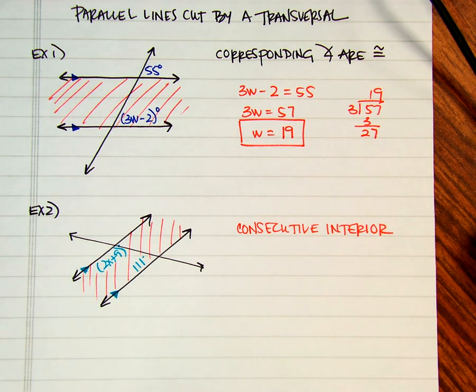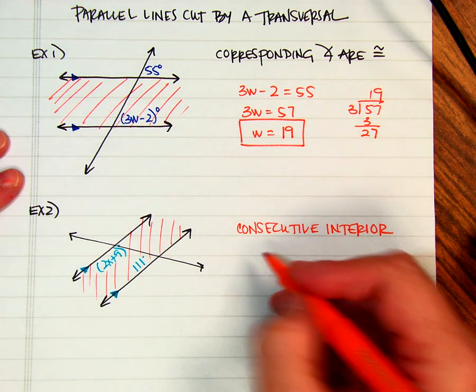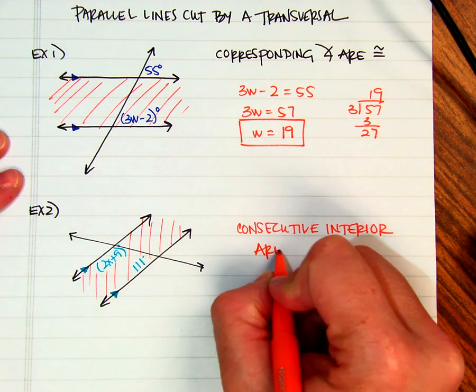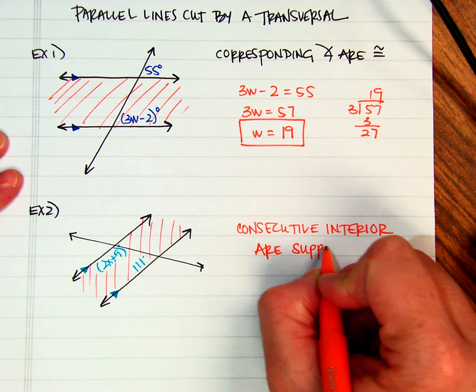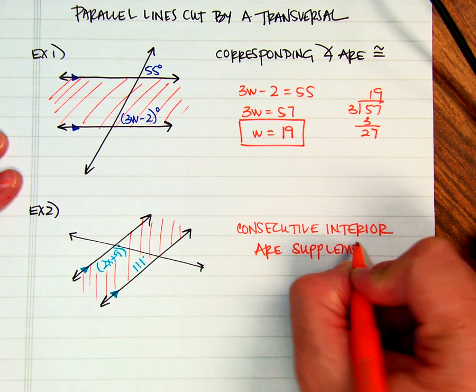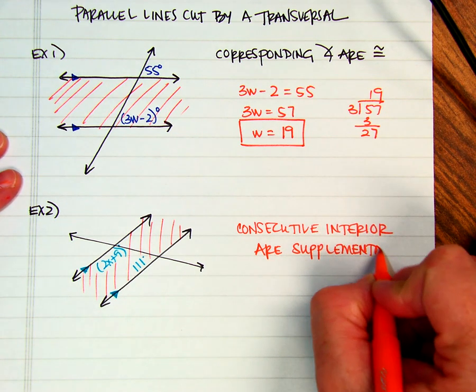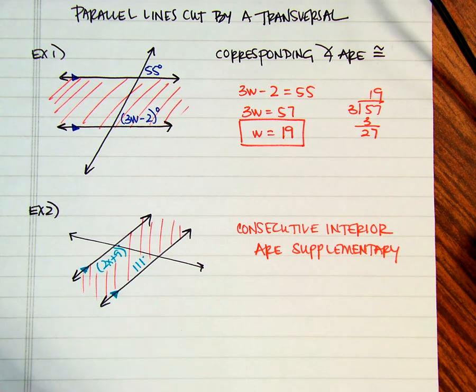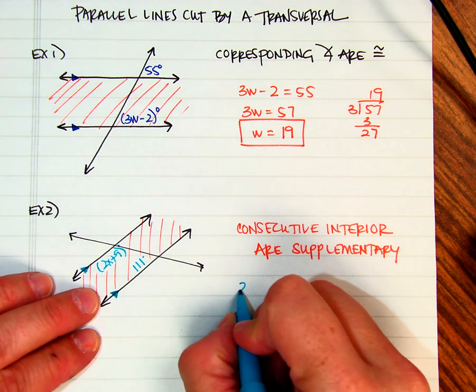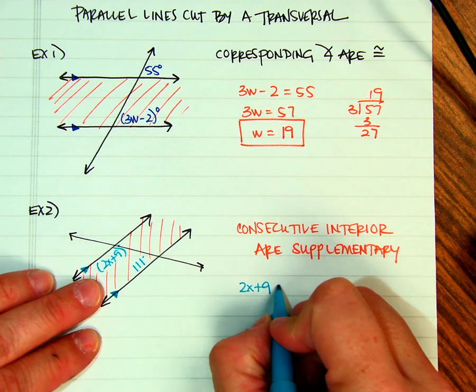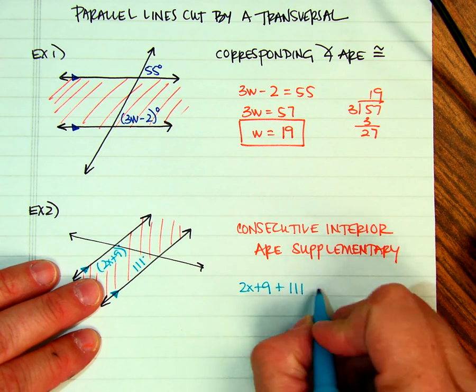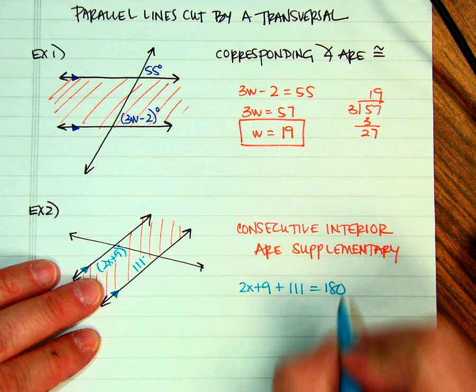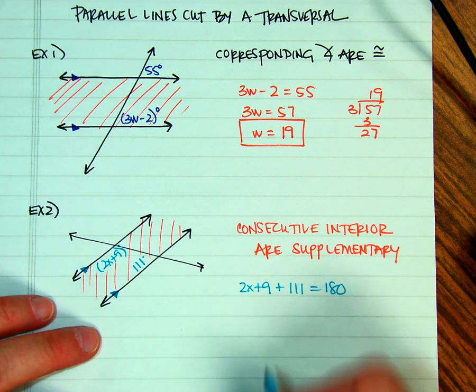And we know that consecutive interior, when the lines are parallel, are supplementary. So that means that 2x plus 9 plus 111 should equal 180 degrees.